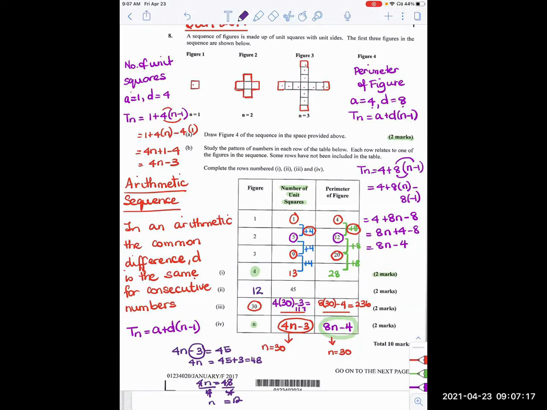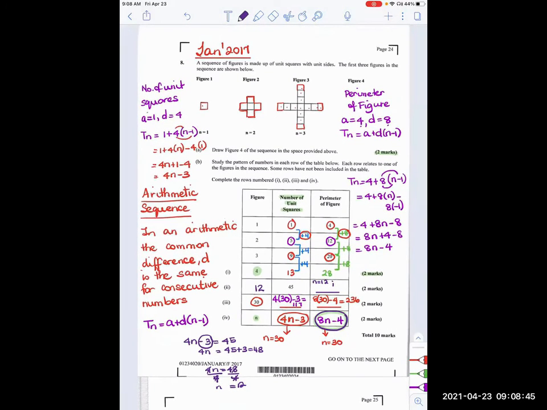So use the formula here where n is equal to 12 and find for me the value. Use this formula, 8n minus 4. All right.